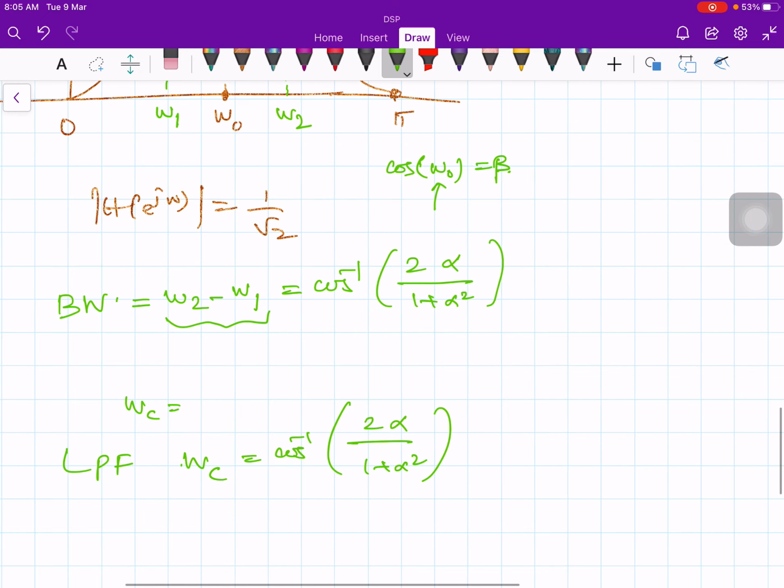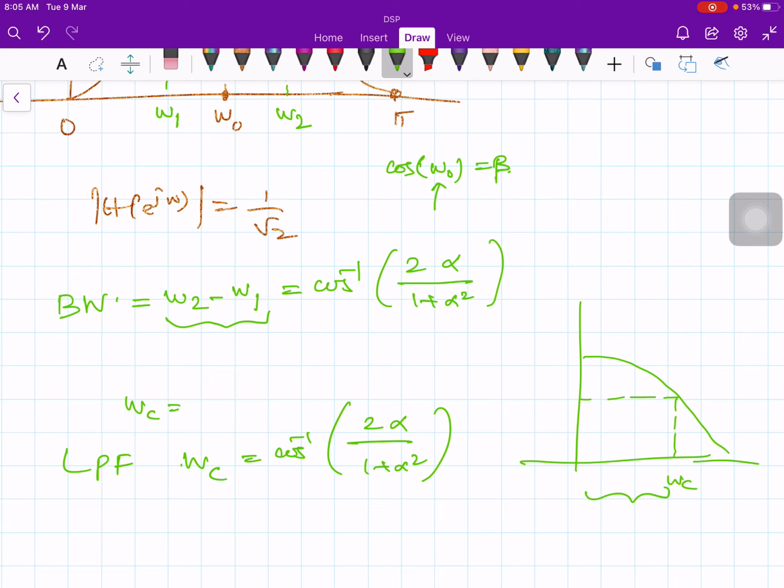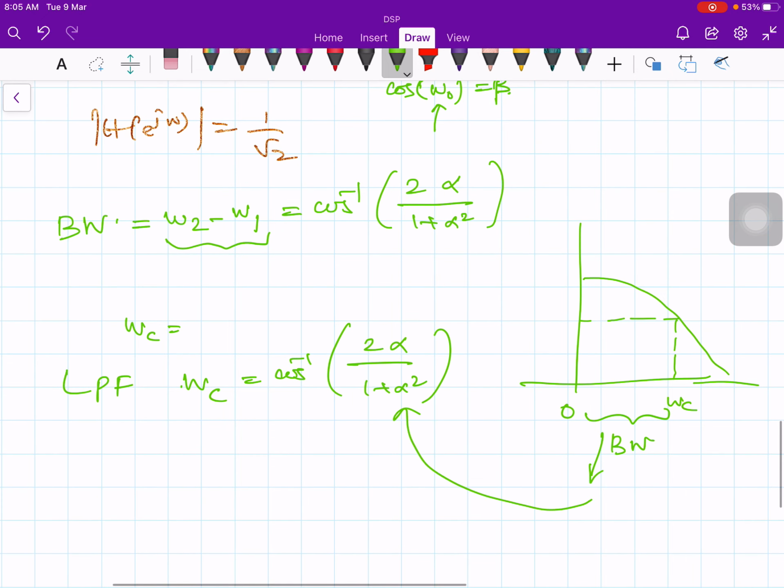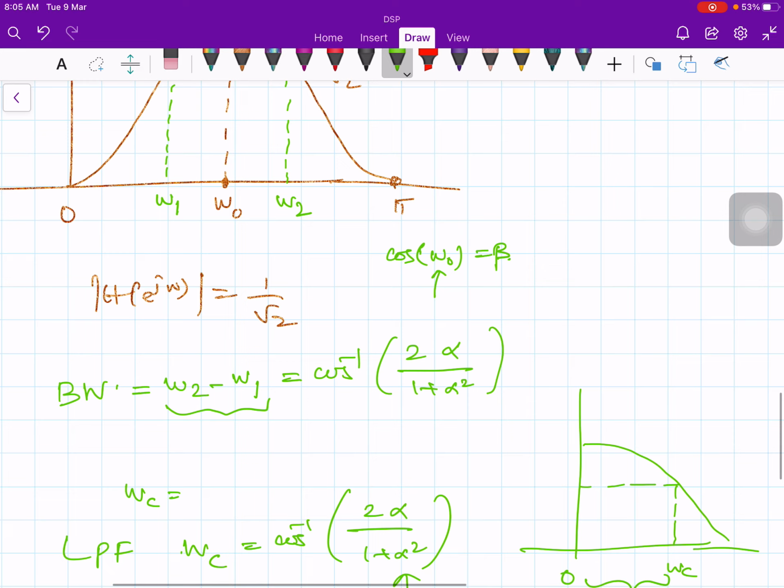If you recall, the low pass filter would be like this. You take this point and this is omega c, and this is called the bandwidth of the low pass filter, 0 to omega c. And this bandwidth is given by this expression, and here this bandwidth is also given by the same expression.